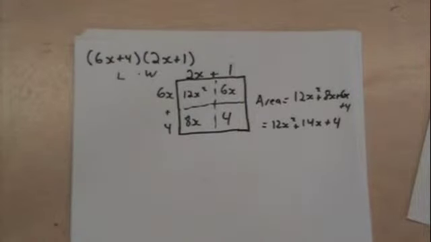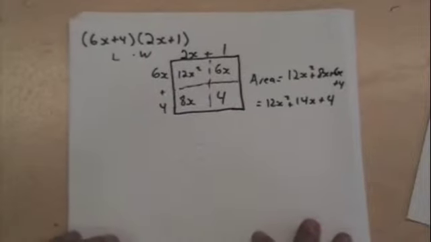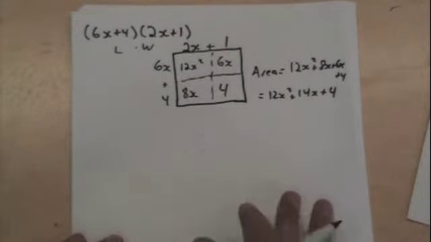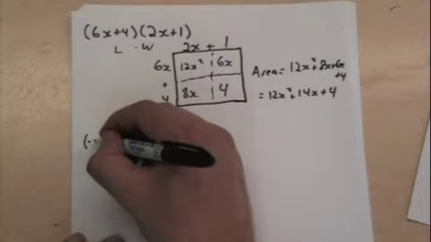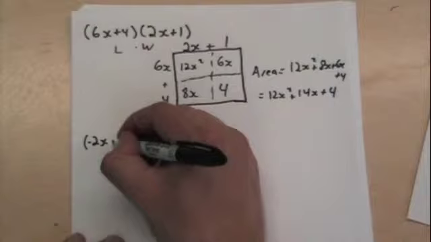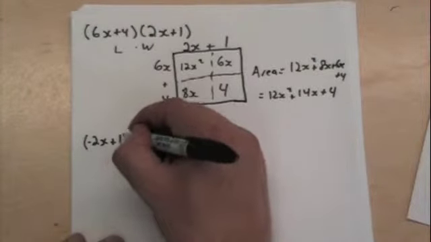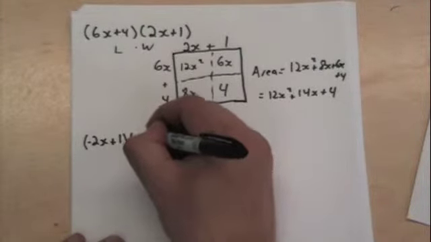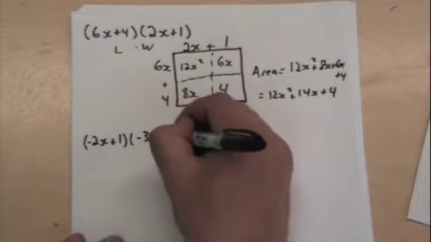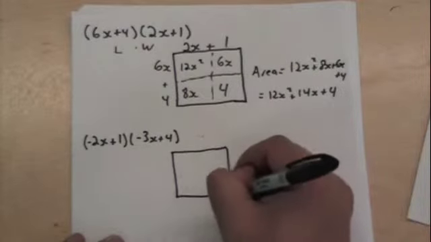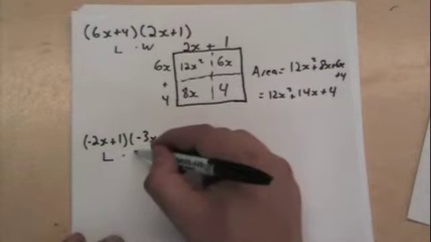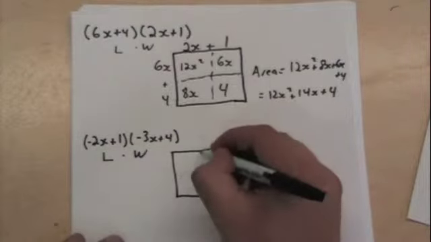Of course, we can use negatives as well, and let's use that to try to notice a pattern here. I said that was it for multiplying binomials, but I want to do one more with negatives and notice a pattern. So negative 2x plus 1 times negative 3x plus 4, and let's draw a rectangle that has the length negative 2x plus 1 and a width negative 3x plus 4.